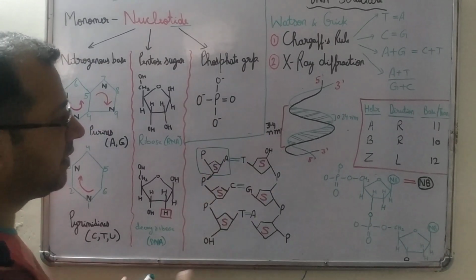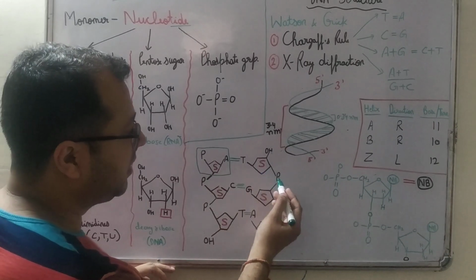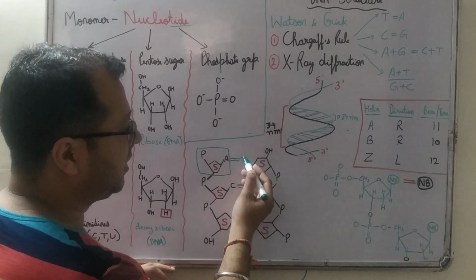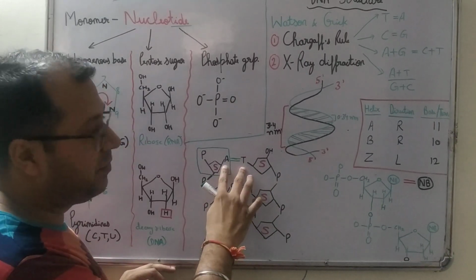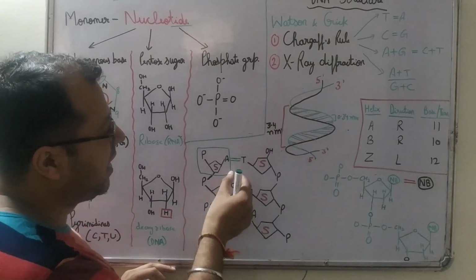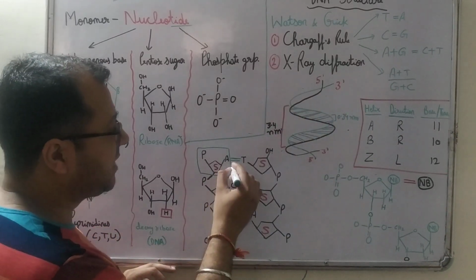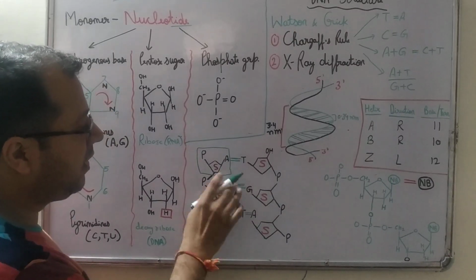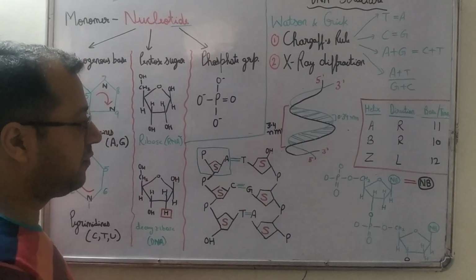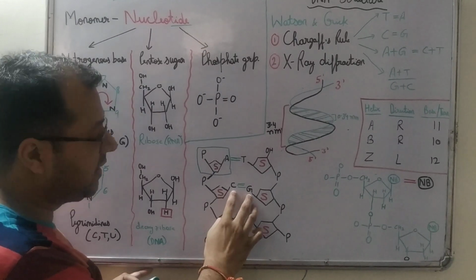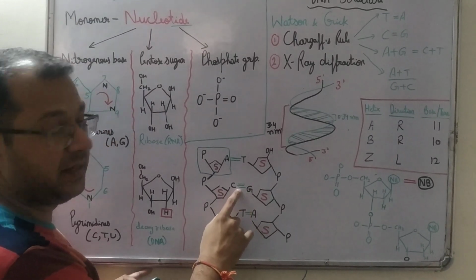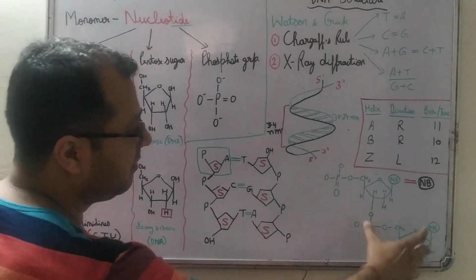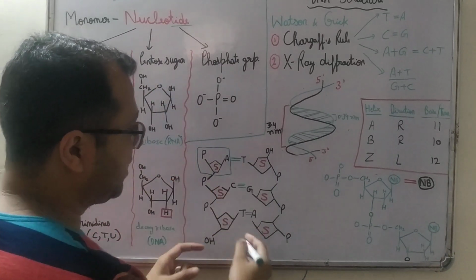Similarly, in the other strand, this is the pentose sugar, this is the phosphate group, and this is the nitrogenous base. These two nitrogenous bases between the two strands are attached with each other with the help of hydrogen bonds. In case of A and T, two bonds are present, whereas between C and G, three bonds will be present. And this is the further simplification of this structure.